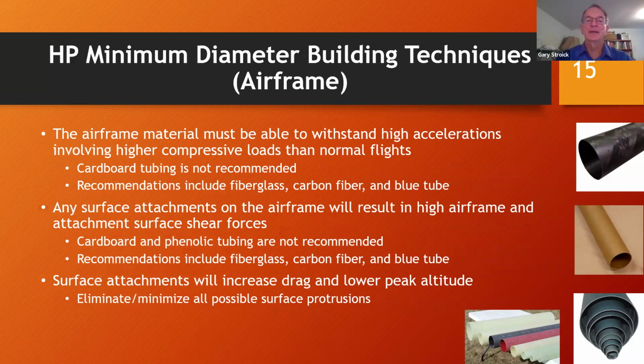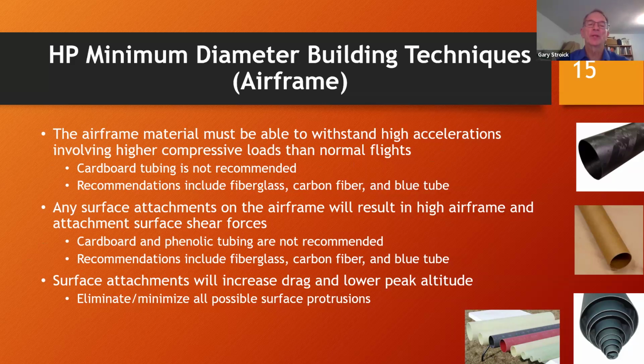All right. Again, as opposed to model rockets, the high power rockets are going to have to withstand typically higher accelerations and loads on those structures. So when you're flying high power rockets, we typically do not recommend the use of cardboard. It certainly can be used in H-class rockets, but again, we have a motor in this competition that is really at the very top of the H-class.